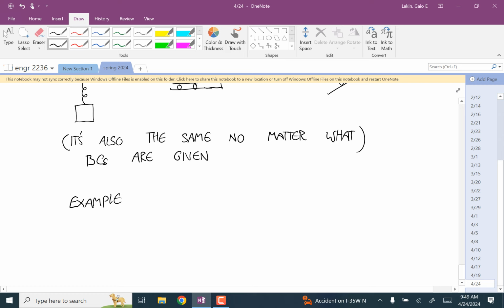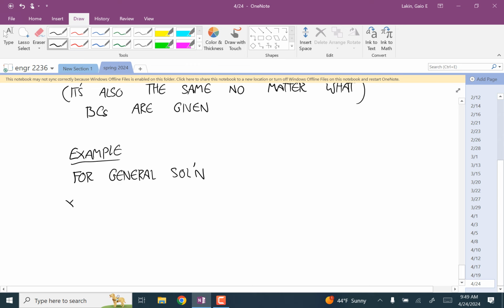So let's say we have a general solution: x is equal to C1 times the cosine of 20t, so that's our square root of k over m, plus C2 times the sine of 20t.